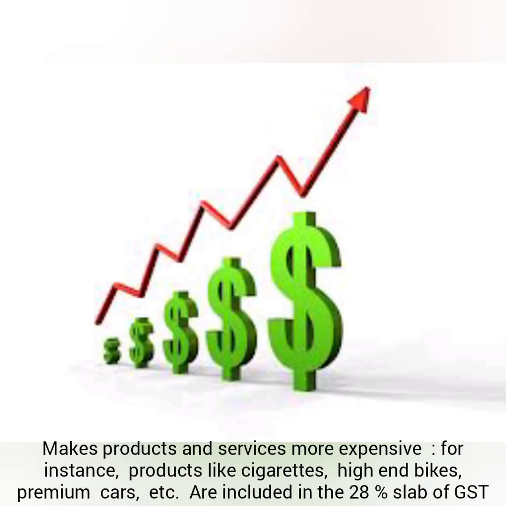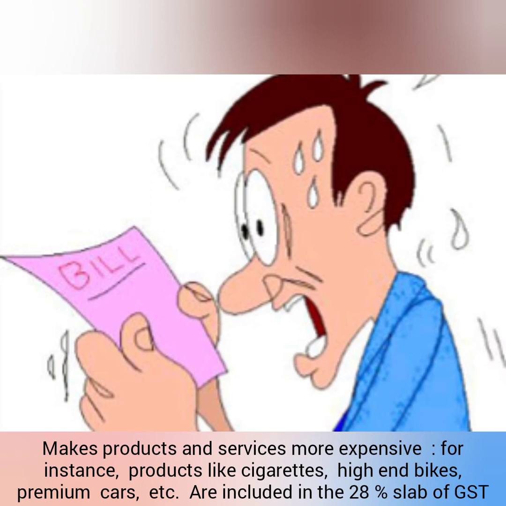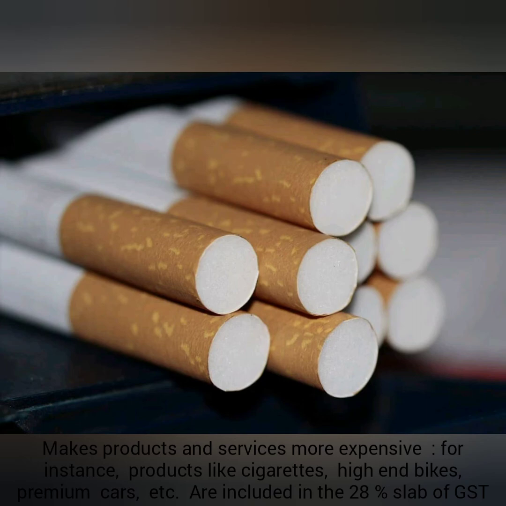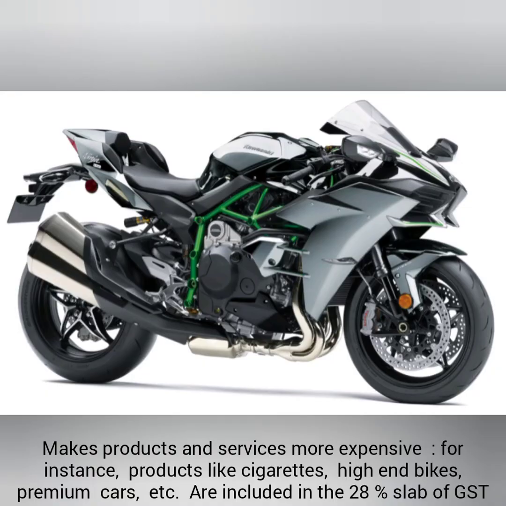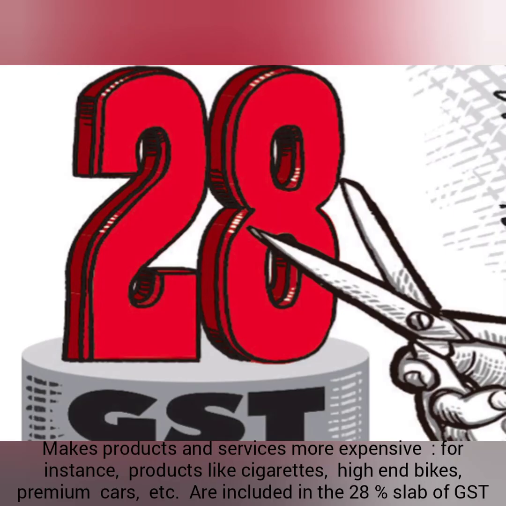Makes products and services more expensive. As indirect tax is added to the price of goods and services, it makes them more expensive. For instance, products like cigarettes, high-end bikes, premium cars, etc. are included in the 28% tax slab of GST.